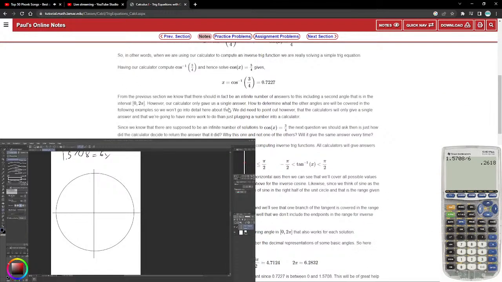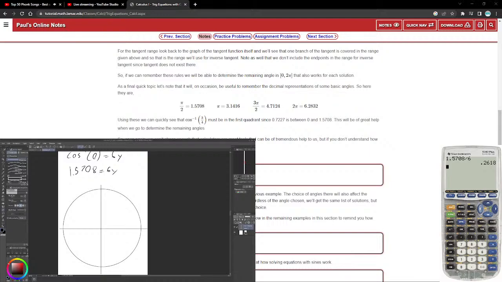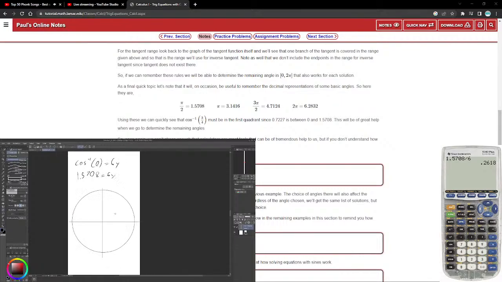So this is exactly pi over 2. Like, exactly. Which, oh, okay. Because if the cos x is 0, it can either be pi over 2 or 3 pi over 2. Got it.